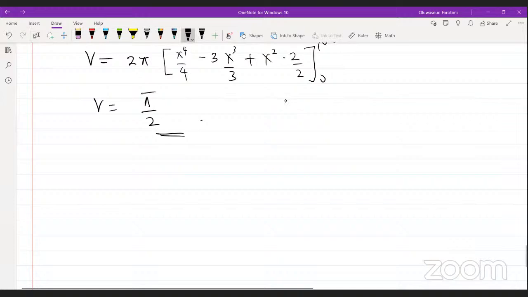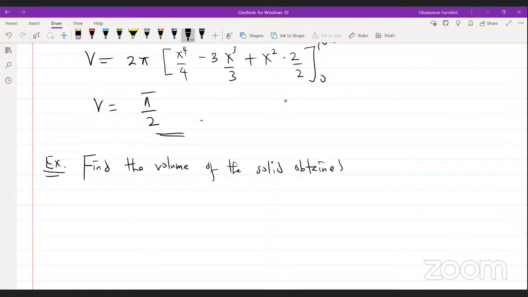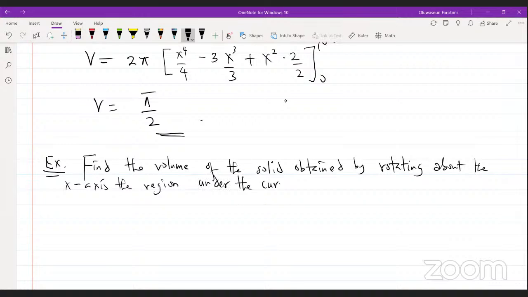So in this last example, before I conclude this session in a couple of minutes, we actually want to find the volume of the solid obtained by rotating, guys, about the x-axis, the region under the curve y equals square root of x, of course, from 0 to 1.